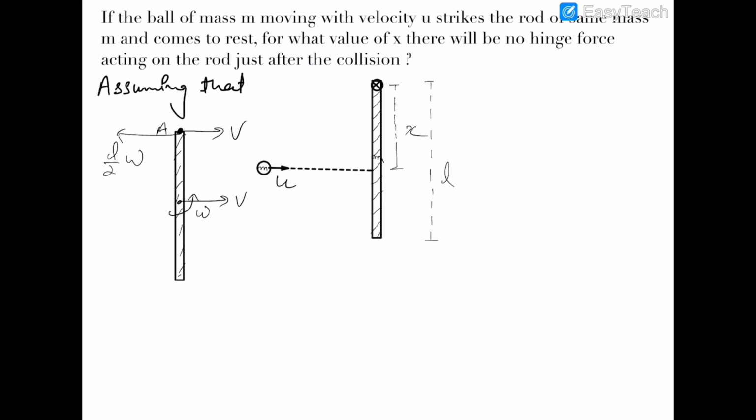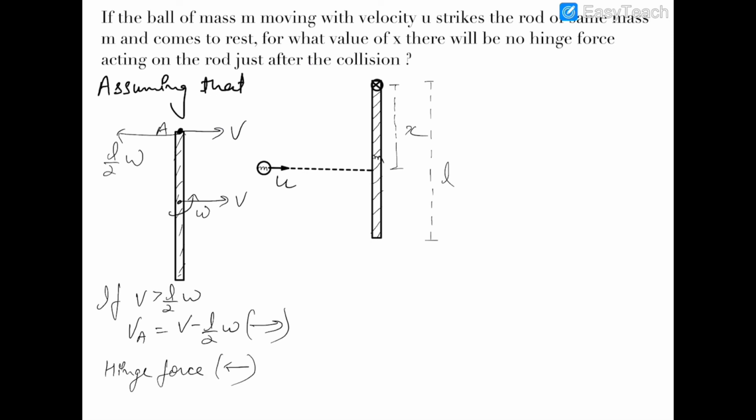You can easily predict that if v is greater than L by 2 omega, then the velocity of point A will be in the forward direction, v minus L by 2 omega, in the right hand side, and therefore hinge force will be acting on the left hand side to stop this point A, because after hinging, this point will not move.